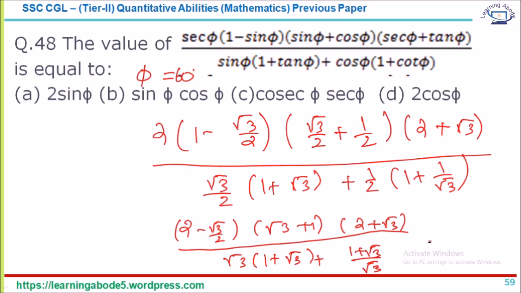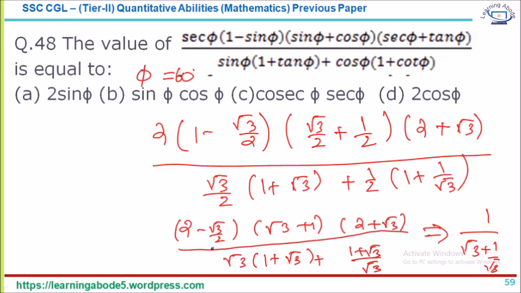So finally, if you take out 1 plus root 3 common outside and then solve, this will lead to 1 by root 3 plus 1 by root 3. Now that will be root 3 by 4.